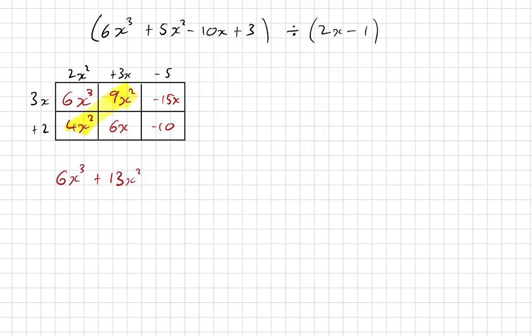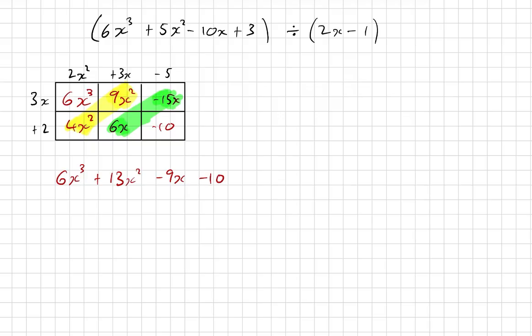Next we have this 6x, and again there's another x term here, they're like terms, so we can combine those. 6x minus 15x is negative 9x. And finally, this minus 10 is the only thing we have left.